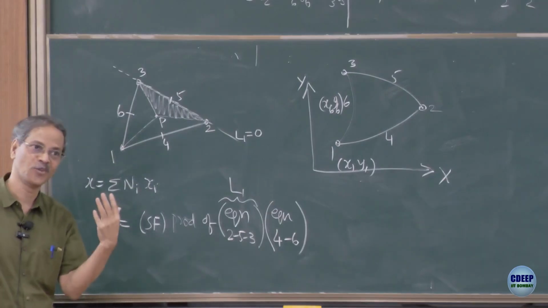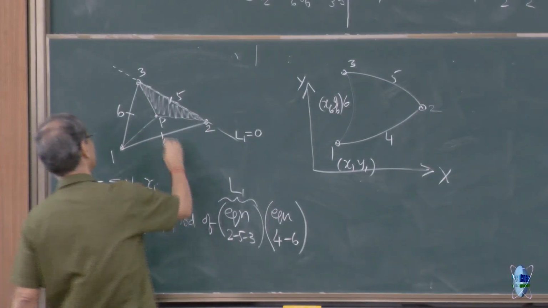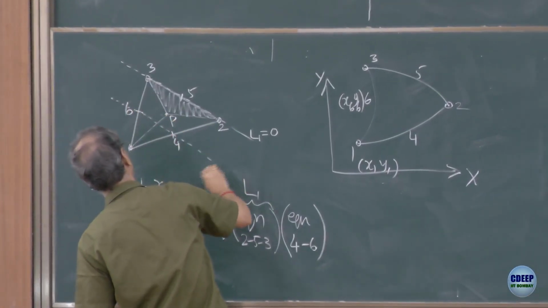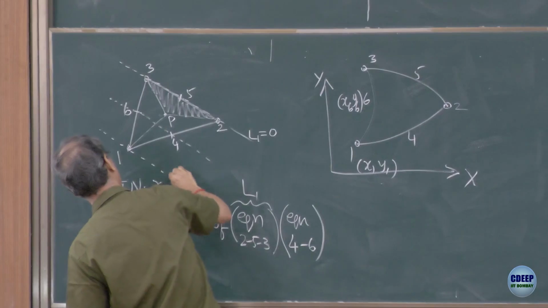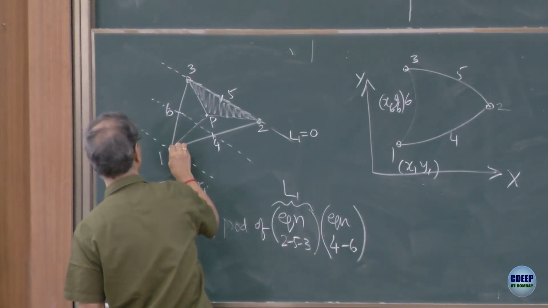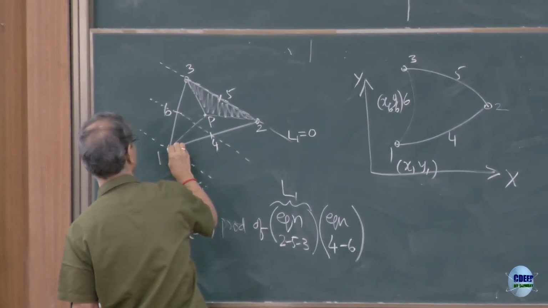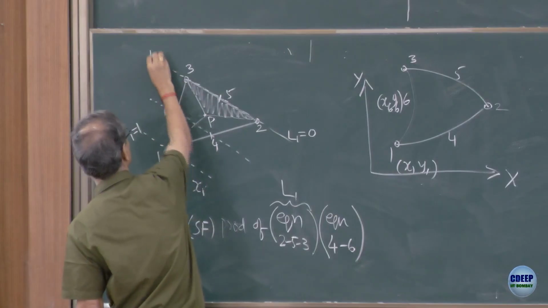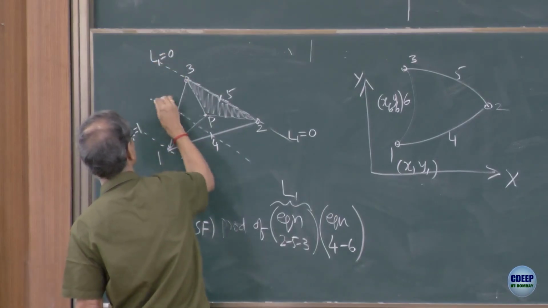Now, what is the equation of line 46? What happens if P comes all the way to 1? L1 is equal to 1 here, L1 is equal to 0 here. What is this?